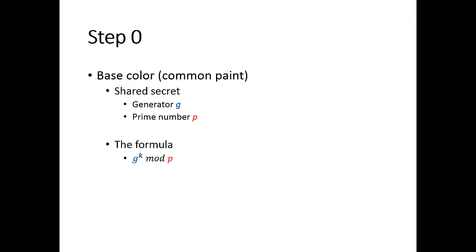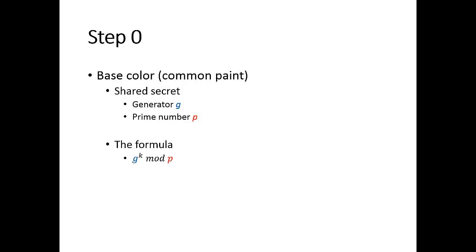The analogy we used talked about a common paint or base color you need to start with, and then we mixed our secret color with the base color before we sent it to the other person to exchange the secret color.